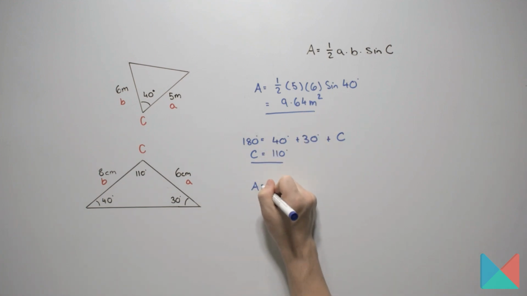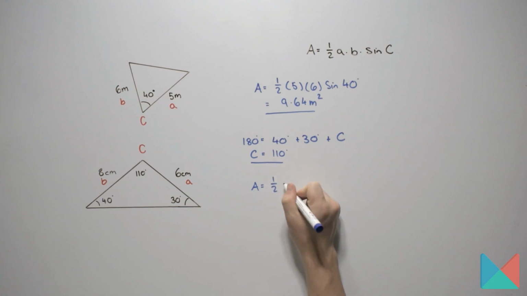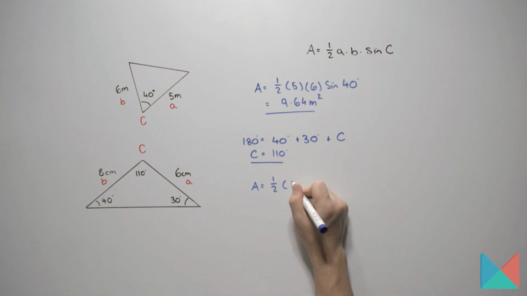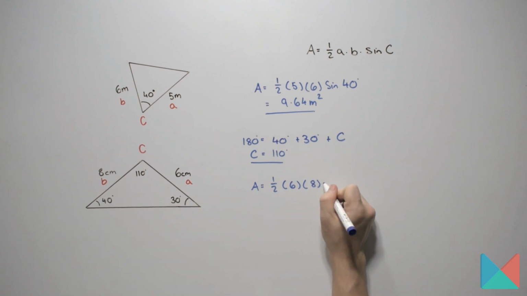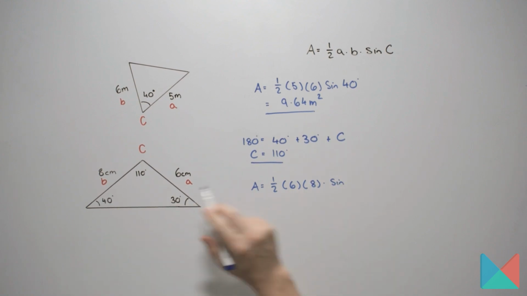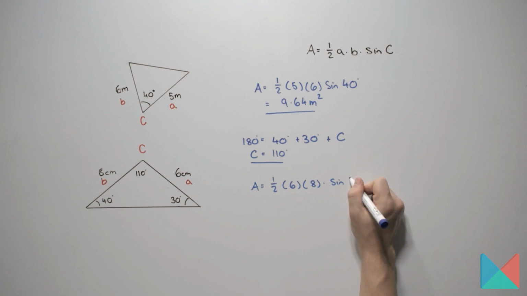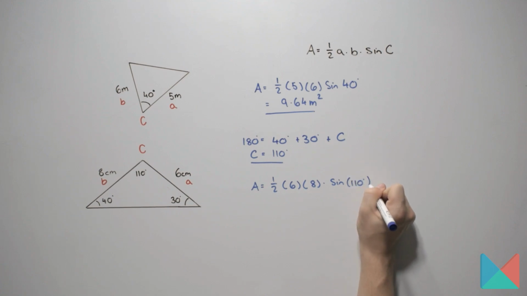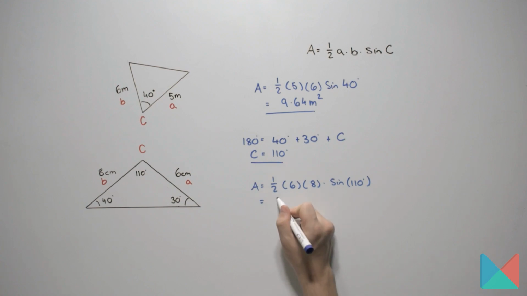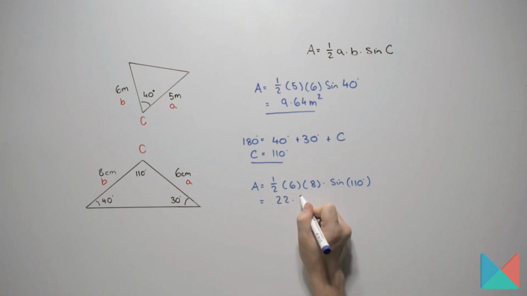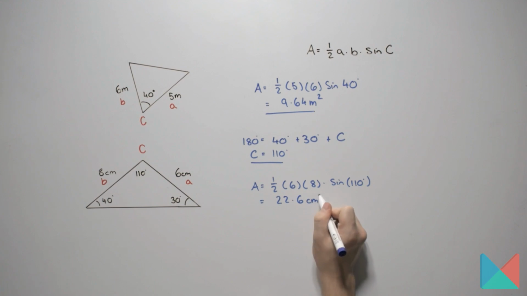So we have the area equals half A, which is 6, B, which is 8, times sine of our angle C, and our angle is 110 degrees. And solving this on our calculator, we get our area to be 22.6 centimeters squared.